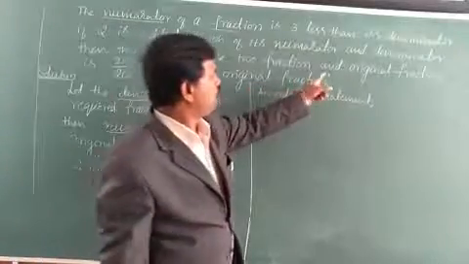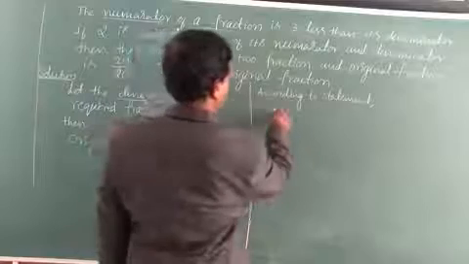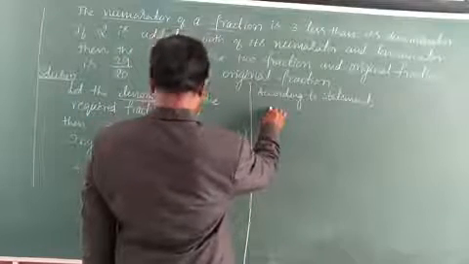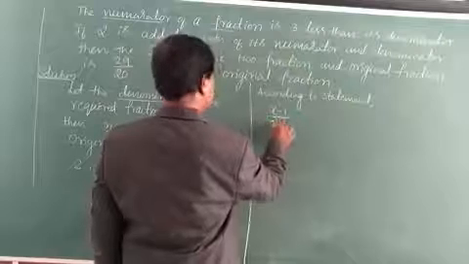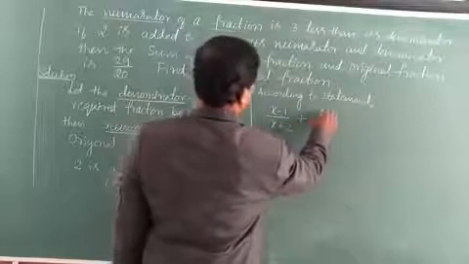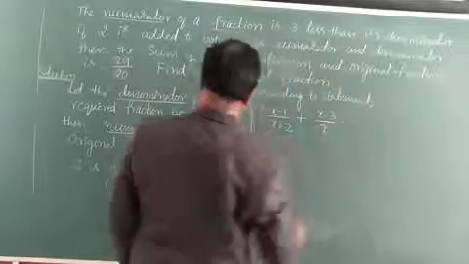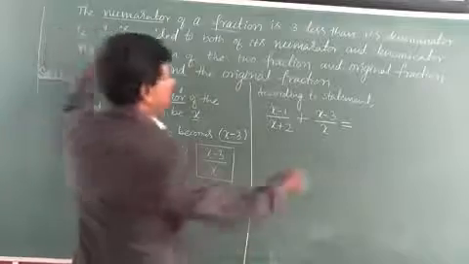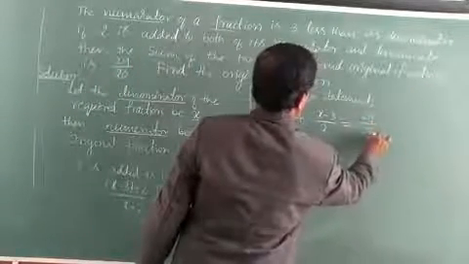The sum of the two fractions and the original fraction is 29 by 20. So first I am writing x minus 1 by x plus 2 plus the original fraction x minus 3 by x is equal to 29 by 20.